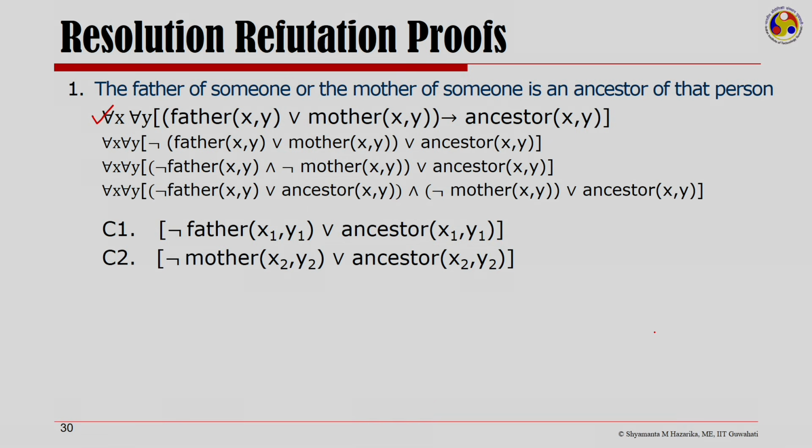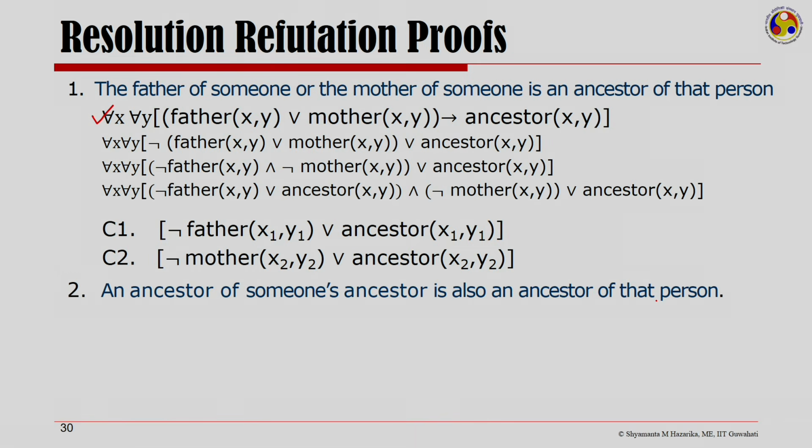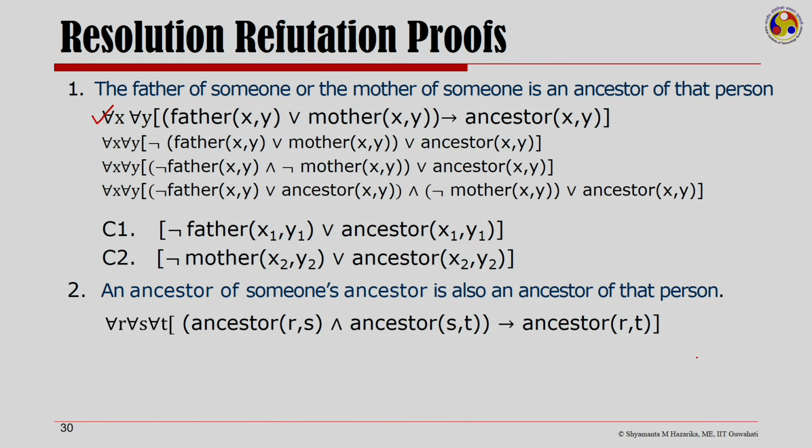not mother x2 y2 or ancestor x2 y2. The second statement is here: an ancestor of someone's ancestor is also an ancestor of that person. So, we could write for all r, for all s, for all t, r is an ancestor of s and s is an ancestor of t implies r is an ancestor of t.